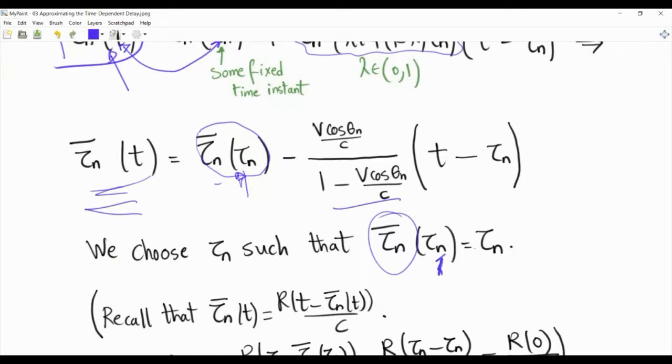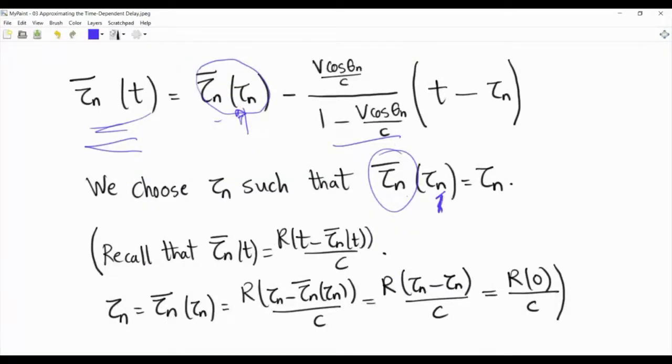And you may wonder, perhaps we cannot do this, and so this is nonsense. If I give you a function f of x and tell you to find x such that f of x is equal to x, perhaps there is no solution to this equation. But actually we have one in our case. If you want tau bar evaluated at tau n to be equal to tau n, then go to the expression for tau bar and replace tau bar of t by tau bar of tau of n.